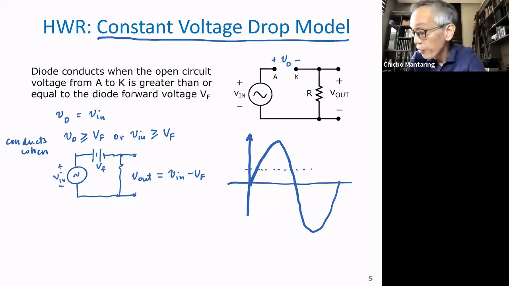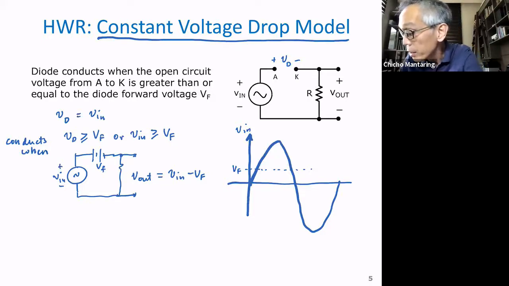Kunwari, yan yung value ng V sub F. So, this is V in. This is V sub F. So, when does the diode conduct? No? The diode conducts when V in is greater than V sub F. In other words, the diode conducts starting from this point all the way to this point. No? From this point to this point, the diode is conducting.